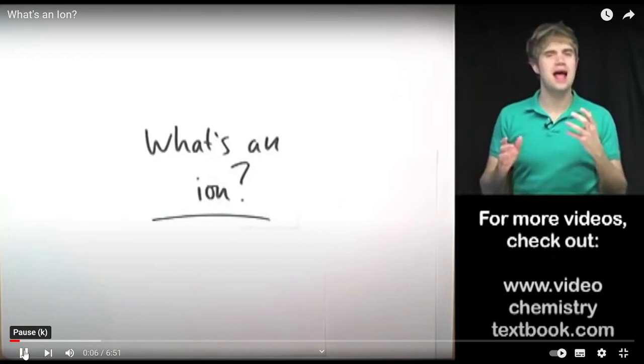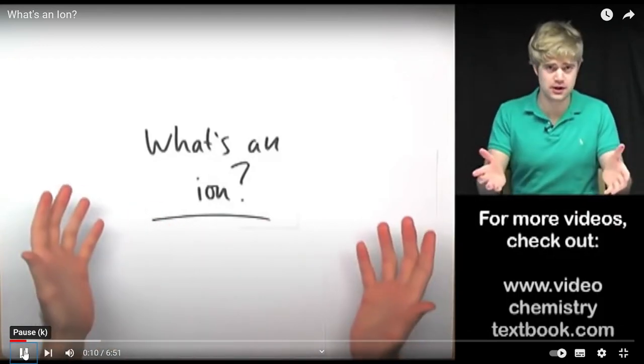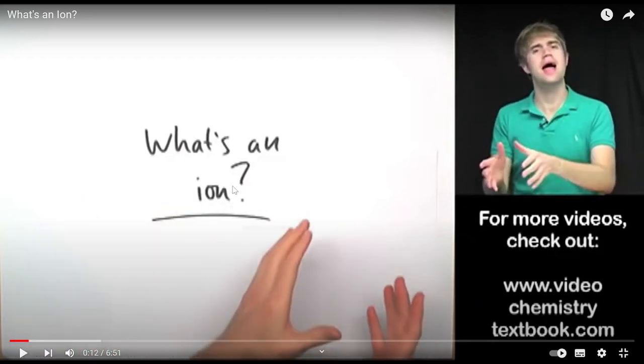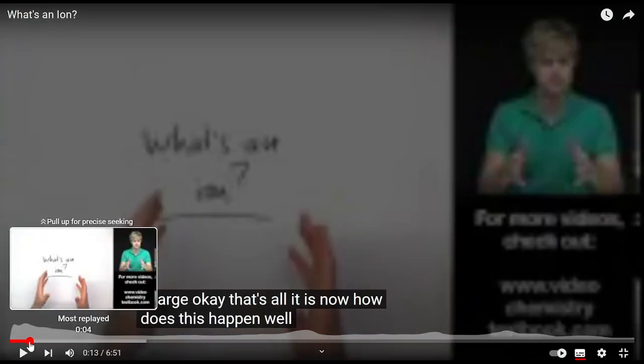We talk about ions all the time in chemistry, so what are they? Well, an ion is an atom or a group of atoms that have an electrical charge. Okay, that's all it is. Now, how does this happen? What is an ion? An atom or a group of atoms that has an electrical charge.